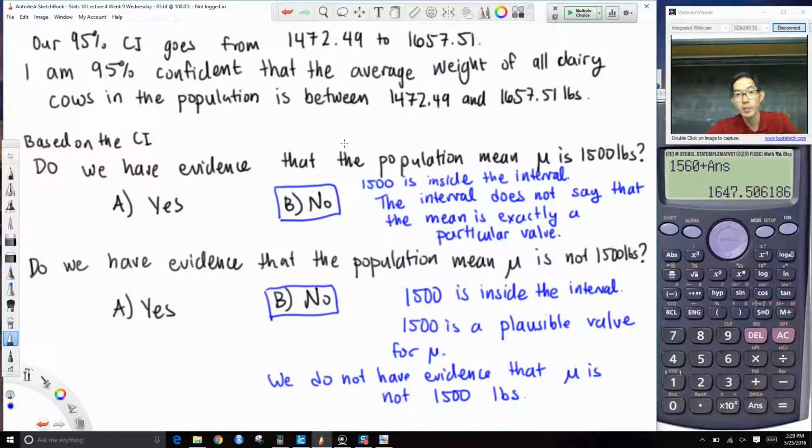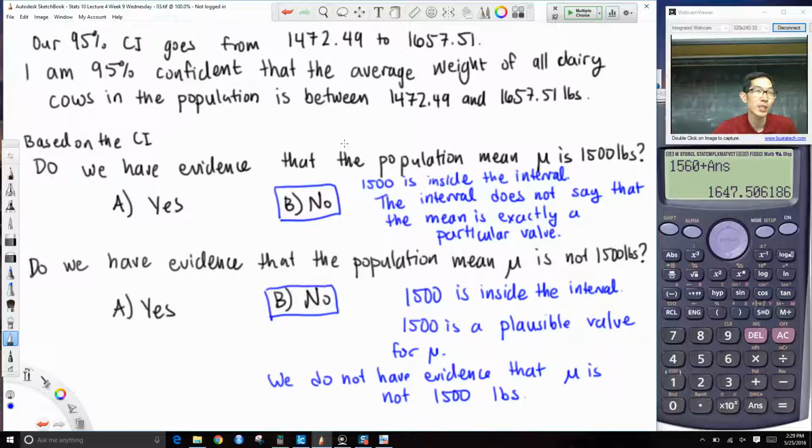If I asked whether we have evidence that the population mean mu is not 1,700 pounds, we would say yes, we have evidence that it's not 1,700 because 1,700 is outside of the interval. But 1,500 is inside the interval, so it is a plausible value. So we don't have evidence that it's not 1,500.